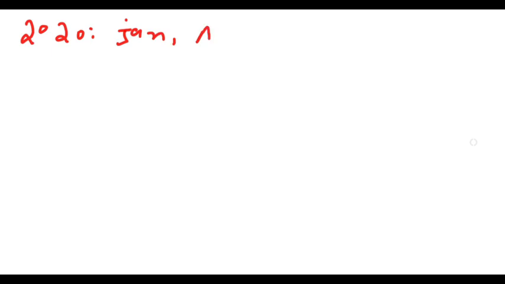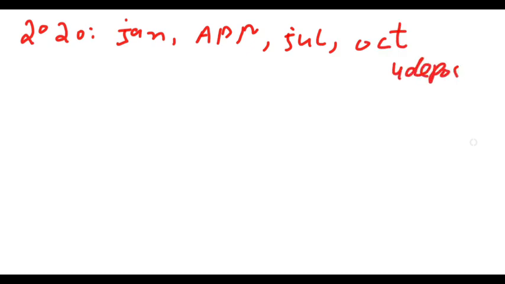Then April after that, because quarterly means after 3 months, and then the beginning of July, and then the beginning of October. So 1, 2, 3, 4. He made 4 deposits.